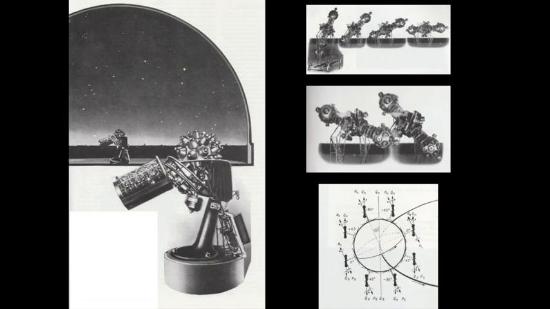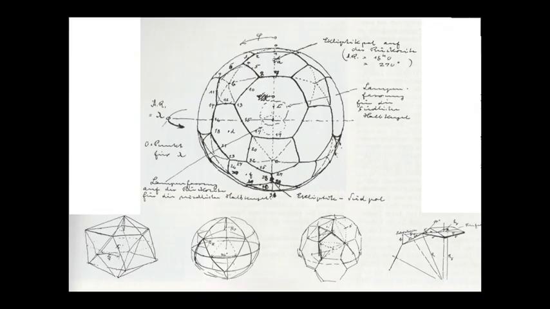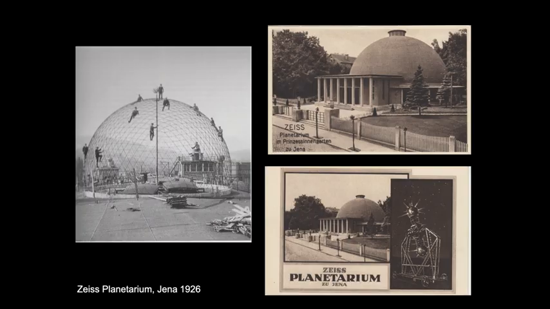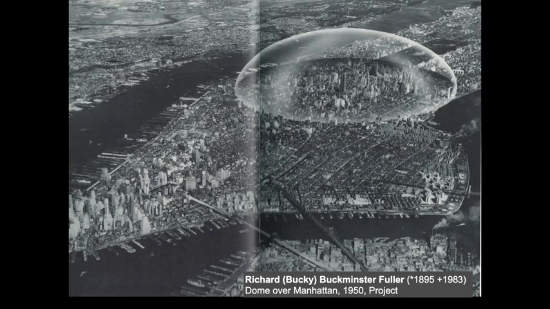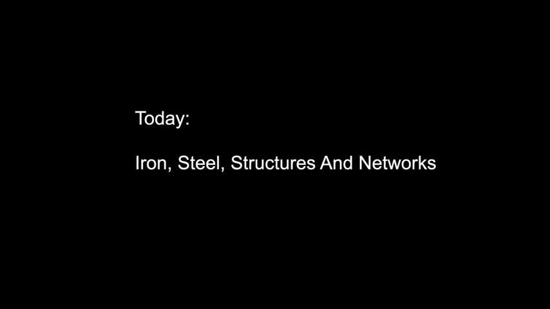We talked about hexagons, pentagons, triangles, about materials and revolutions in architecture, and we talked about private skies with utopian character. So that was a very brief summary. Sorry for that. Today's lecture will be about iron, steel structures and networks.